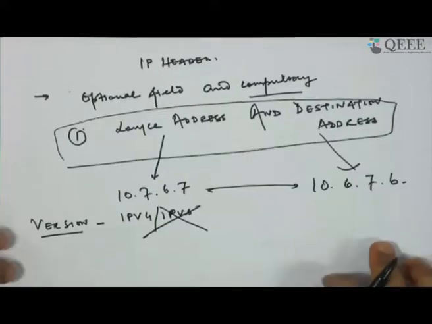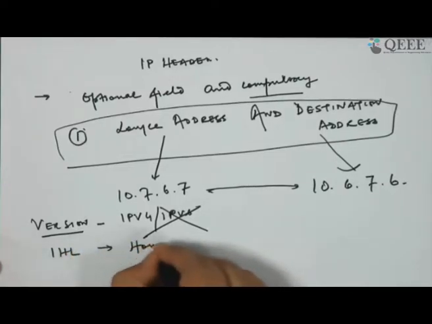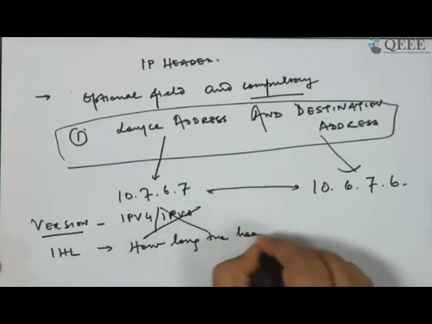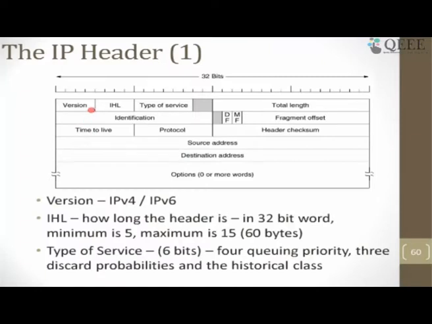Okay, so next is IHL, the Internet Header Length: how long is the header. If you see here, there are 1, 2, 3, 4, 5 lines of 32 bits, so 5 lines which are compulsory.